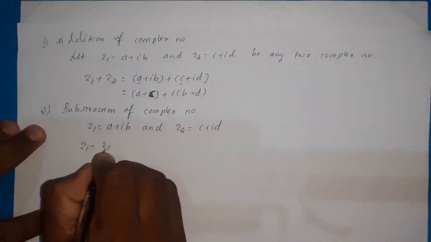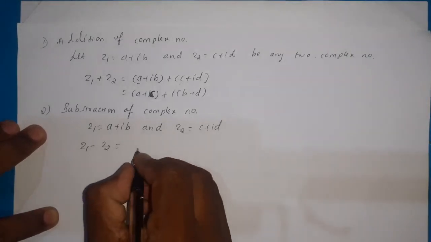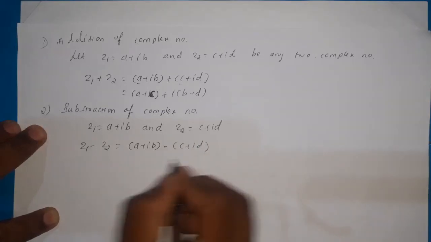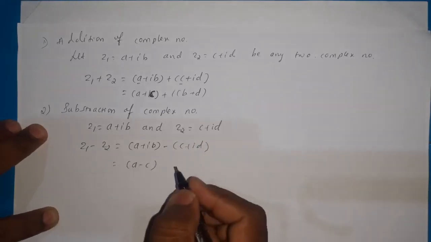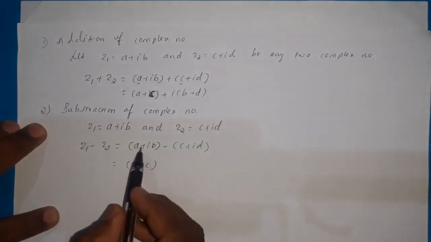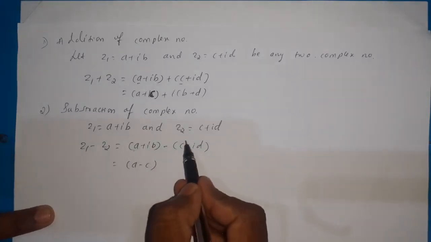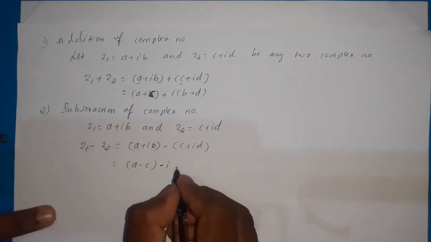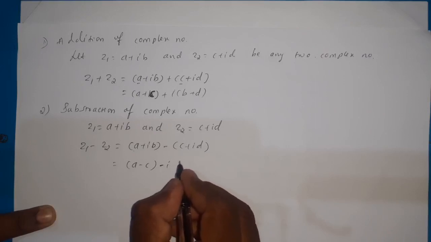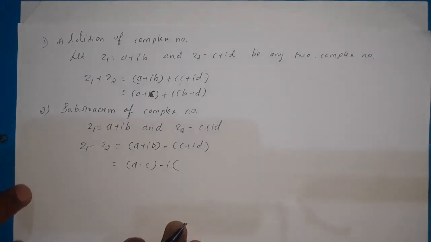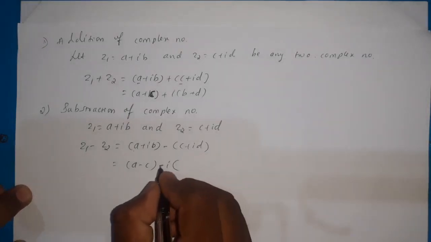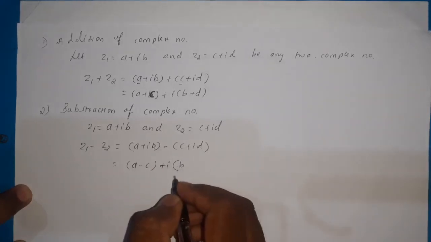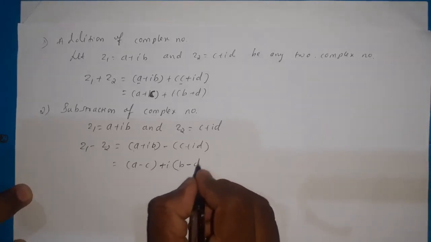Then z1 minus z2 is a plus ib minus c plus id, which is equal to a minus c, because we need to subtract the real parts separately. Here a is the real part and here c is the real part, minus i into b minus d.